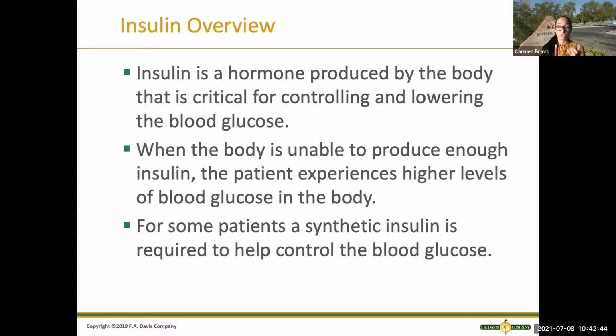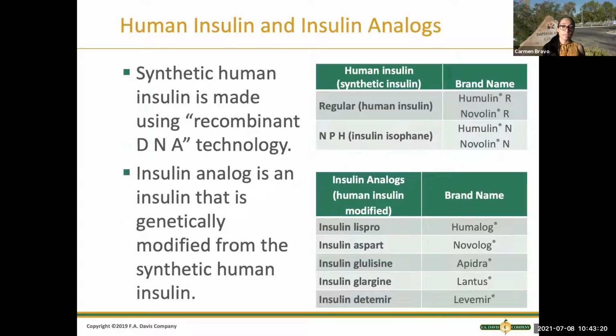There's diabetes type 1, the juvenile diabetes, where the pancreas does not produce insulin at all, so their blood sugar is really high. Sometimes patients, because of metabolic conditions, are not able to produce insulin, or not even able to break down the insulin in their body, so they need insulin to help. There could be many reasons that we might need insulin.